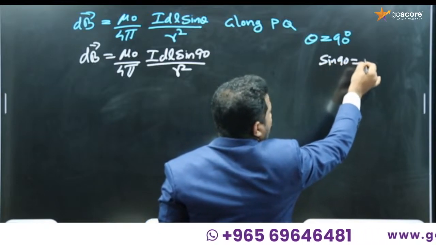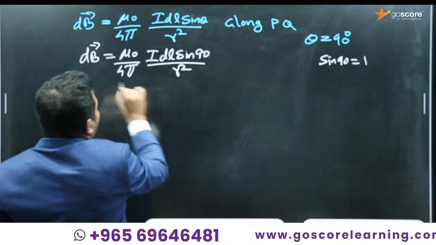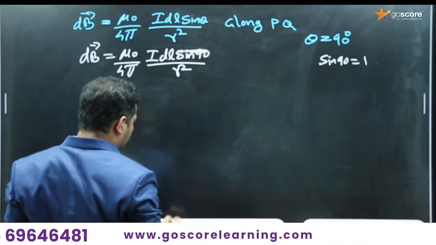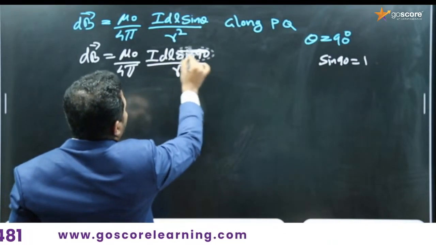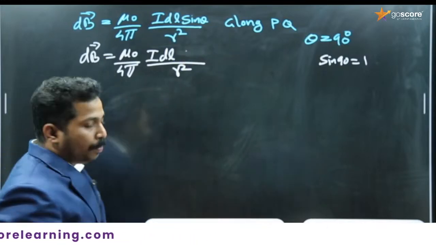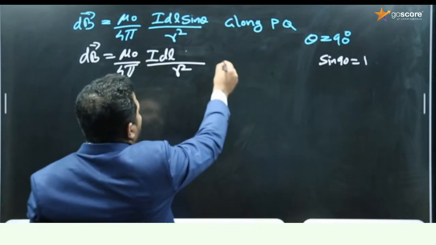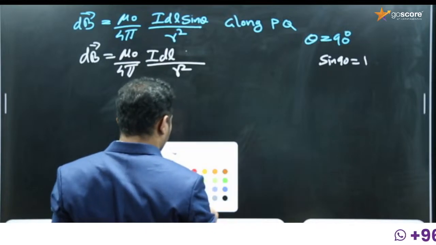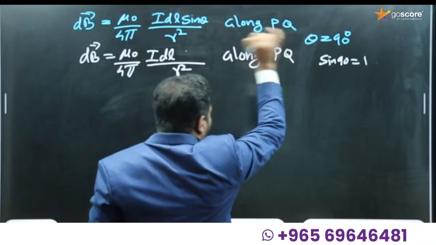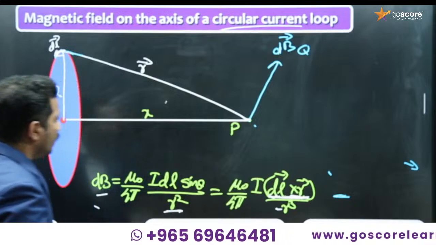Sin 90 is equal to 1. So it will be equal to mu 0 by 4 pi I dl by r square, along PQ.